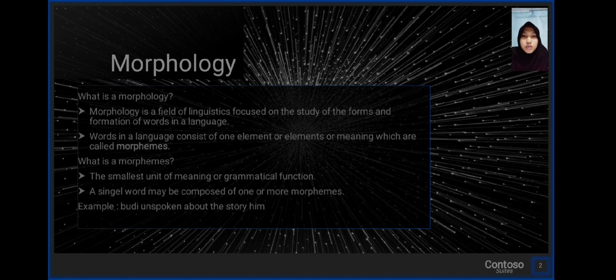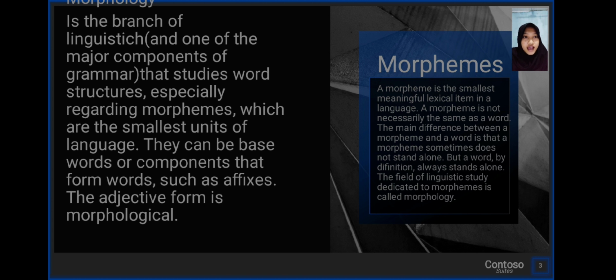So, what are morphemes? A morpheme is the smallest unit of meaning or grammatical function, and a single word may be composed of one or more morphemes. For example, Budi unspoken the story. In the word unspoken, these are morphemes.